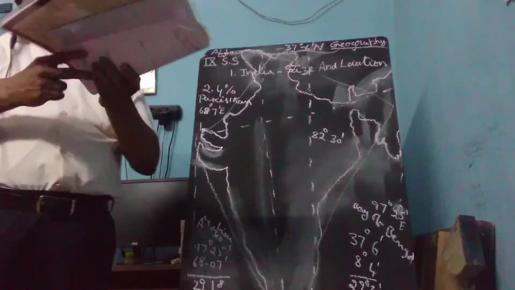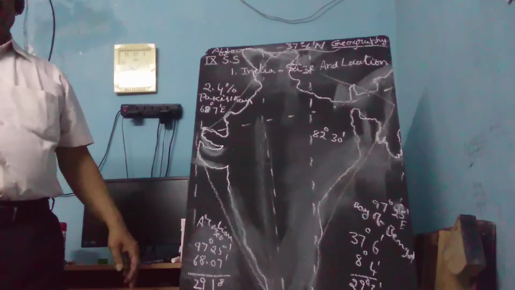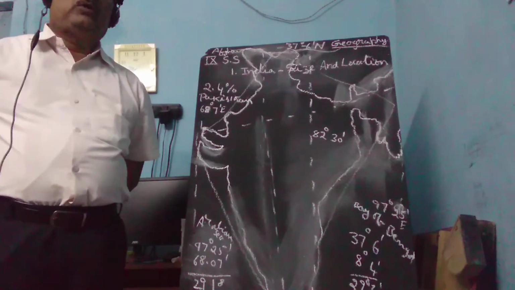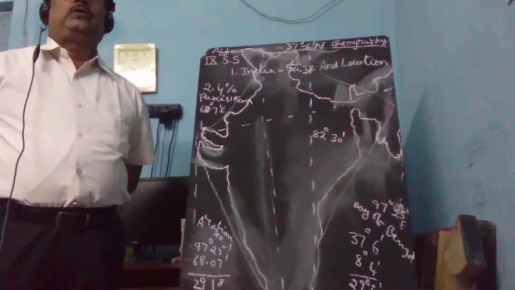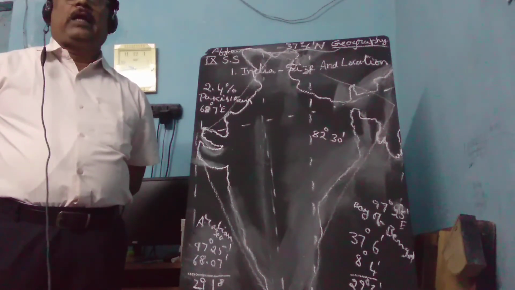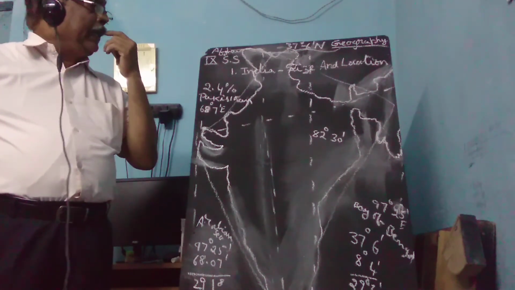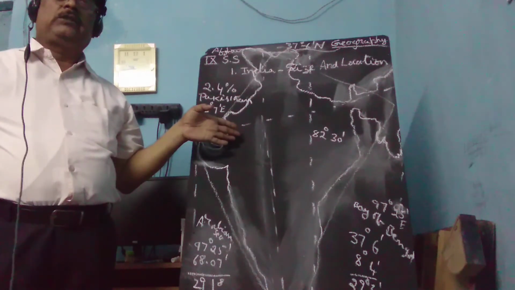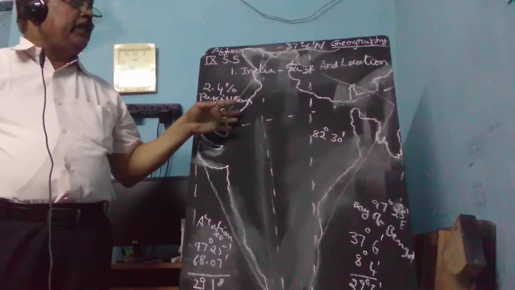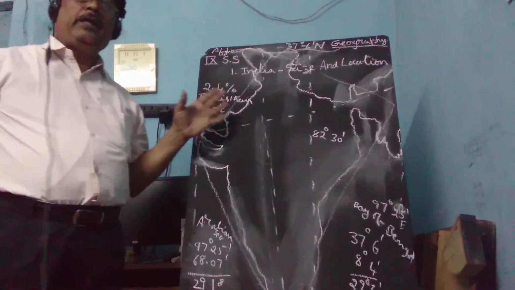So students, today we have discussed the size and location of India. I think you all understood. If you have any doubts, you can ask me through WhatsApp. I will clear your doubts. Since the lower classes like 3rd and 4th, you have been learning about the size, shape, location, so you have somewhat of an idea.